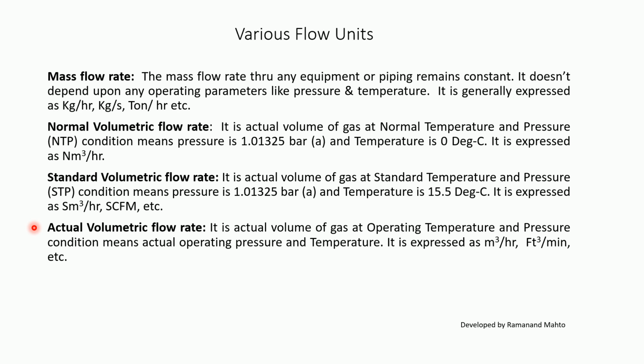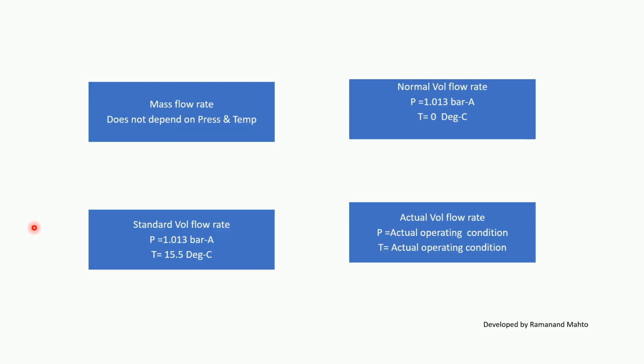It is expressed as meter cube per hour, feet cube per minute, etc. So we can see mass flow rate doesn't depend on pressure and temperature. For normal volumetric flow rate, pressure should be 1.013 bar absolute, temperature 0 degrees. For standard volumetric flow, pressure is 1.013 bar, temperature is 15.5 degrees Celsius, and actual volumetric flow rate is based on actual operating pressure and temperature.